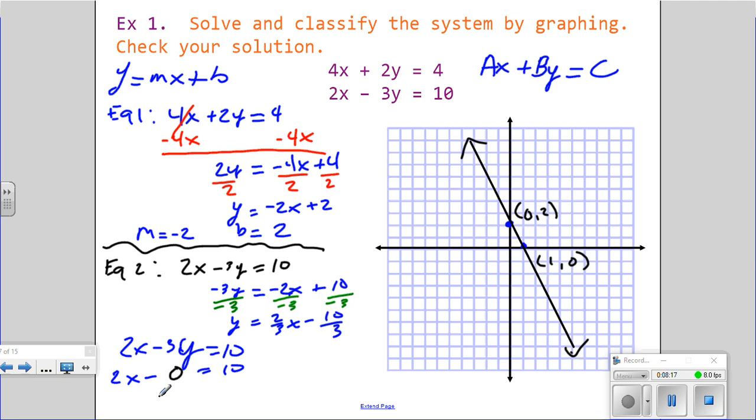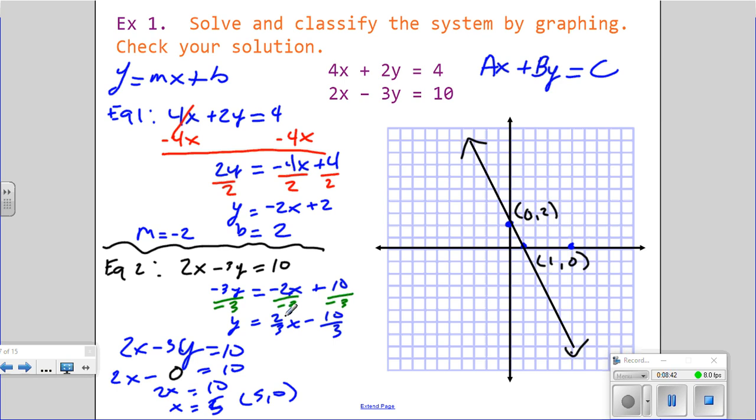So that would be 2x equals 10, divide both sides by 2, so x is equal to 5. So my x-intercept is (5, 0). I'd rather use that point than my y-intercept. So let's plot (5, 0). It's right here. Now we already established that my y-intercept is 10/3, so we're not going to use that.